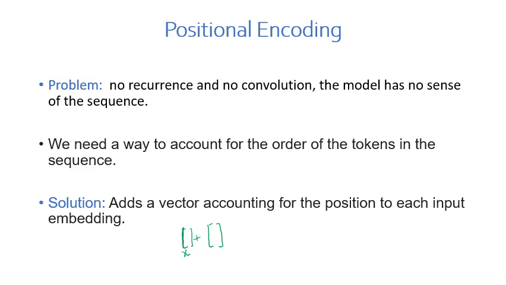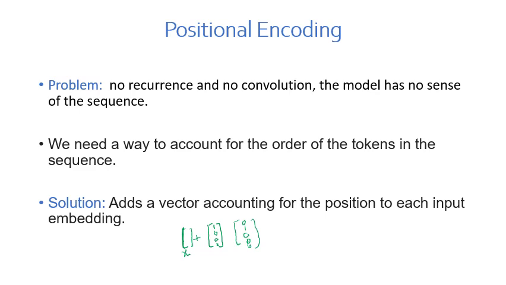Okay. So what would be the simplest thing that I can use to capture the position? There are many different solutions. For example, I can have a one-hot vector: this is position 1, and for position 2, this is position 2, and so on and so forth.